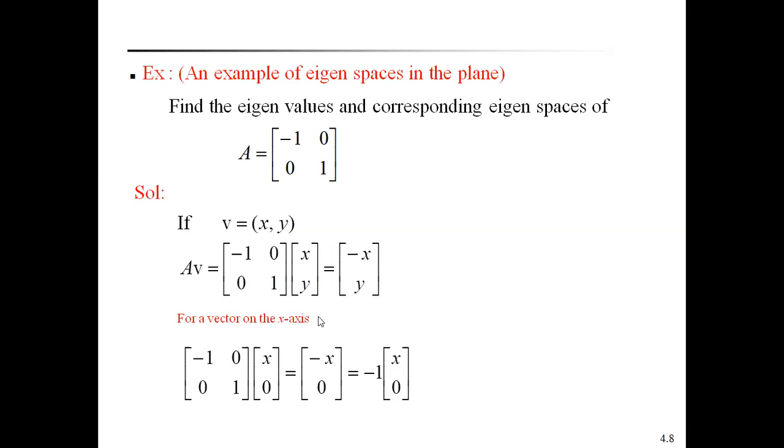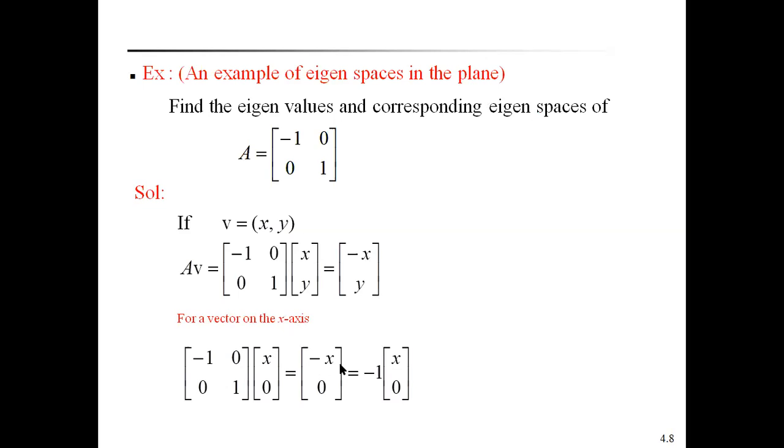For a vector on the x-axis, the y coordinate must be 0. Therefore, any vector on the x-axis can be considered as having only an x component, and the y component will be 0, that is (x, 0).